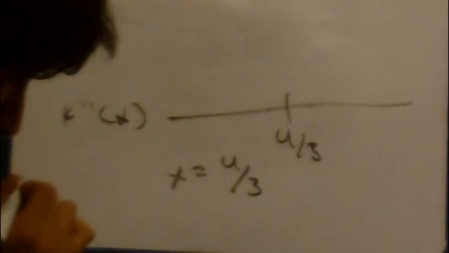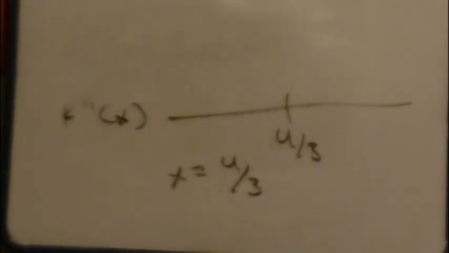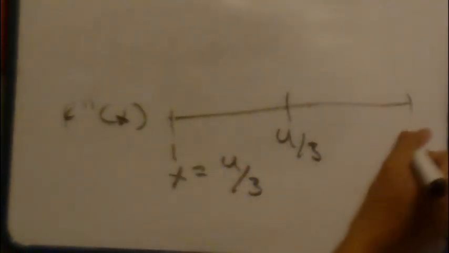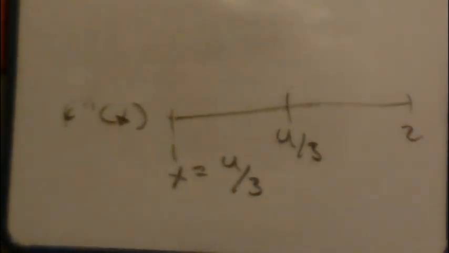So 12x minus 16. 4 over 3 is roughly somewhere between 1 and 2. So this time I'll use 1 and 2 to figure out whether the concavity was going up or down in between, well, between these two points.